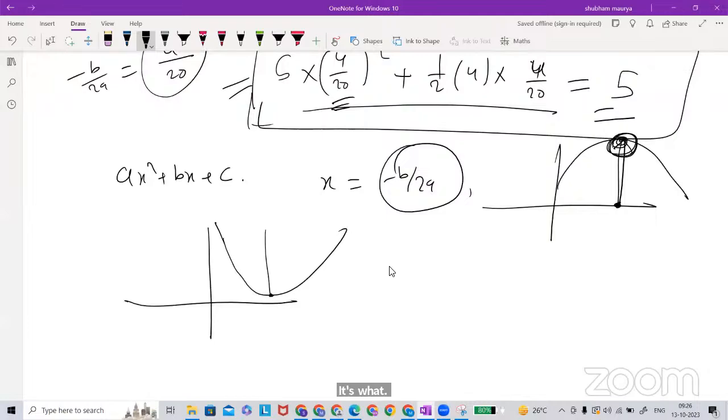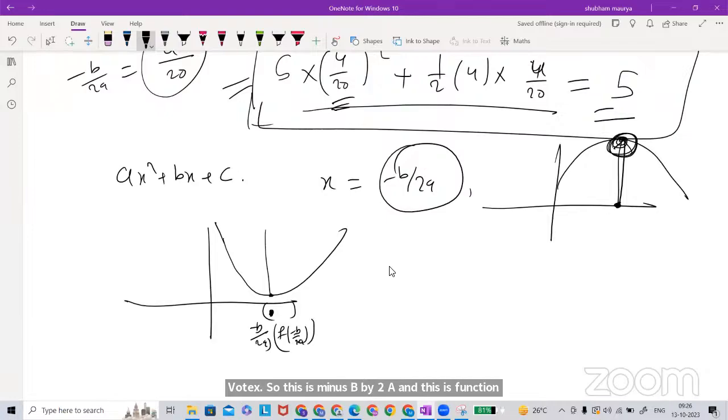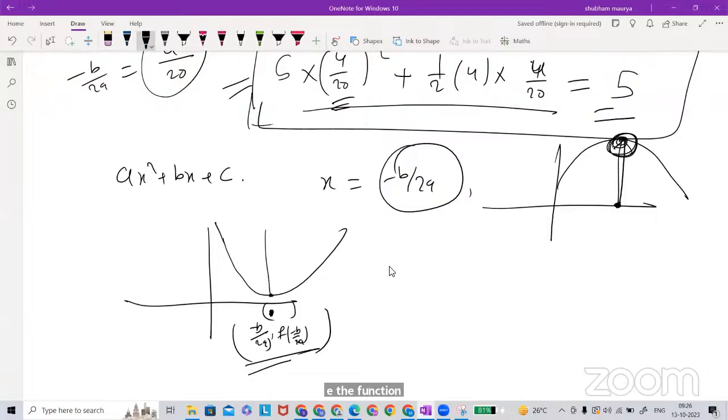And sir, the vertex y coordinate gives the maximum or minimum value, right? Yeah, the vertex y coordinate is the function value, the maximum or minimum value of the function. This is the vertex. So this is minus b by 2a, and this is the function value at minus b by 2a. So this is the maximum or minimum value of the function. Okay, sir. Got it. Thank you, sir.